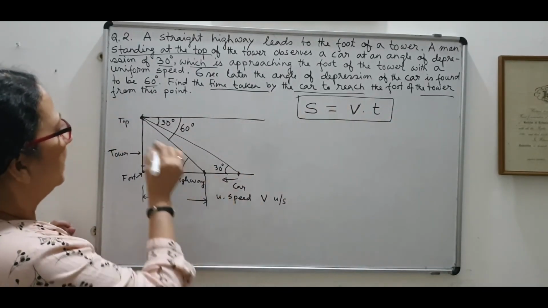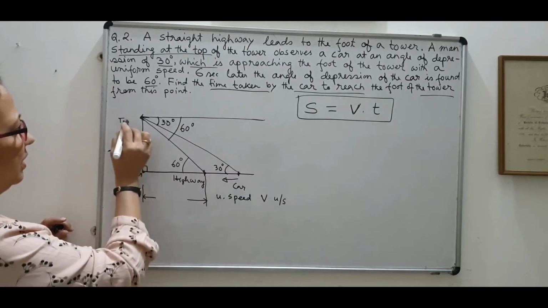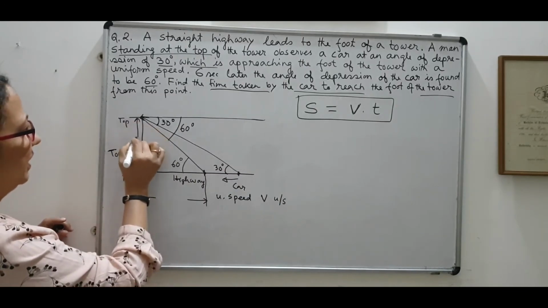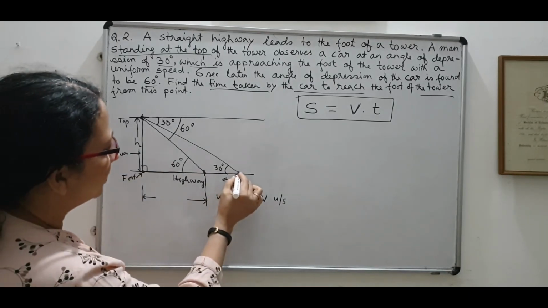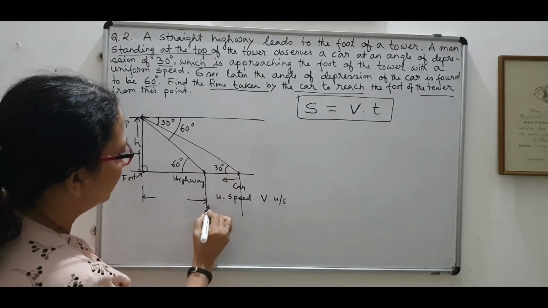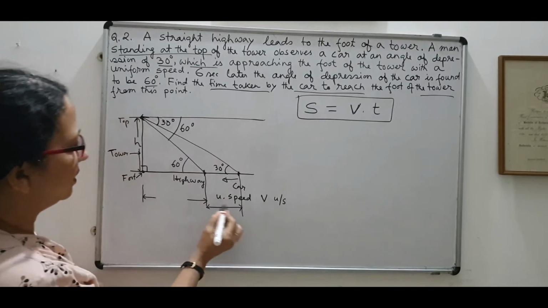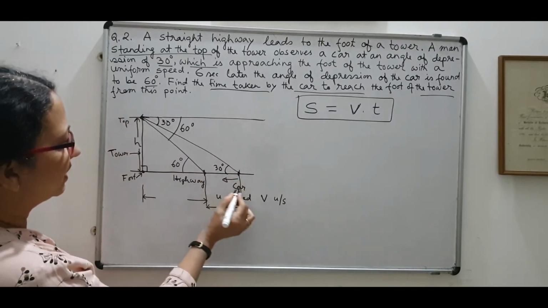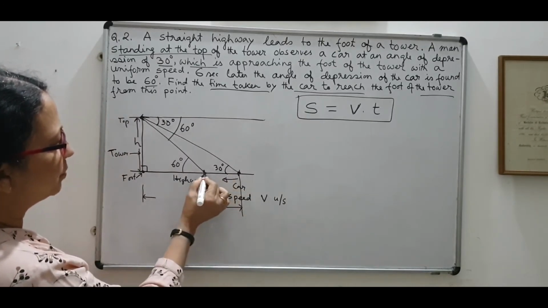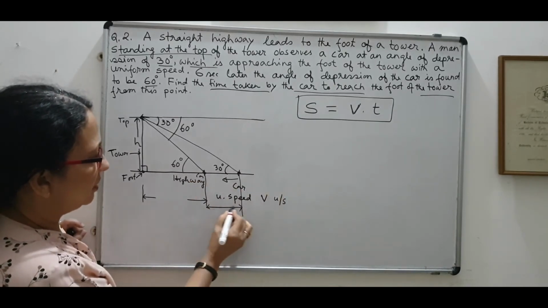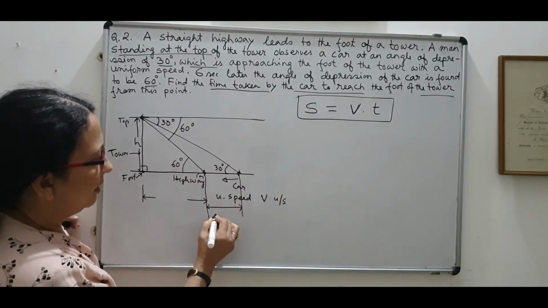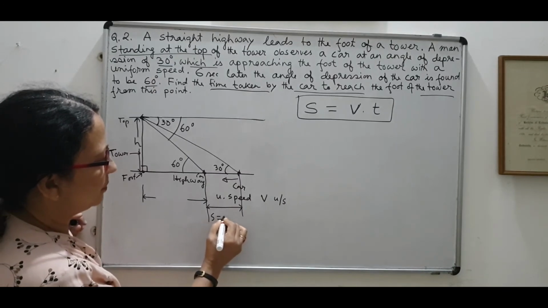So you see, let me write the height of the tower, say h. Height of the tower is h, and what will be this distance? Tell me. Because the time taken to move from this point to this point was 6 seconds, this distance will be speed into time.